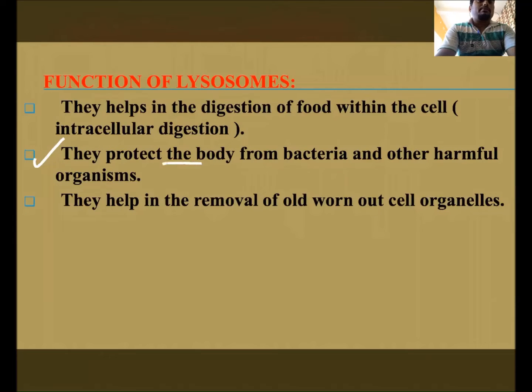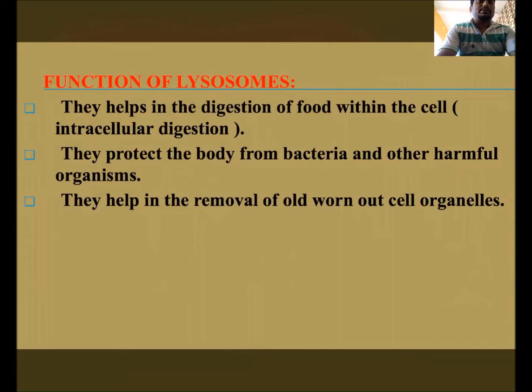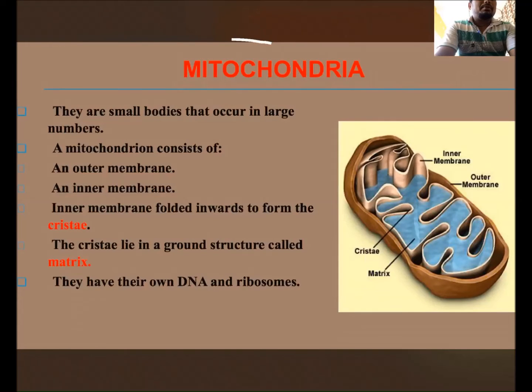Second, it protects the body from bacteria and other harmful organisms because of the presence of its enzymes. They are hydrolytic enzymes, lytic enzymes. They help in removal of old worn out cell organelles, because these enzymes can digest the damaged cell organelles and damaged parts of the cell by digesting them.